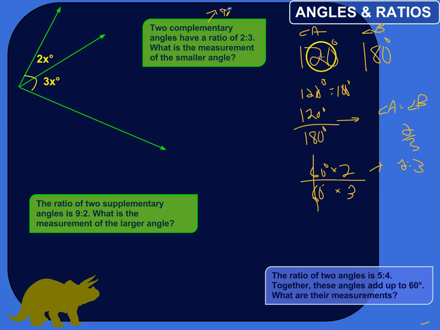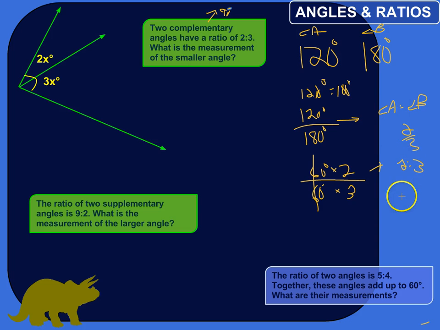For these specific angles, 120 degrees and 180 degrees, I could rewrite each of these as some number, in this case 60 degrees, times 2, and 60 degrees times 3. So the ratio is 2 to 3.